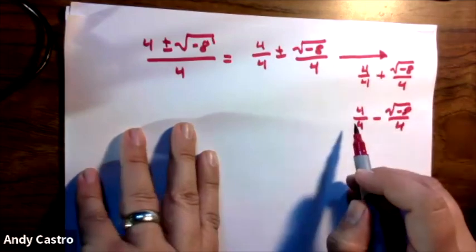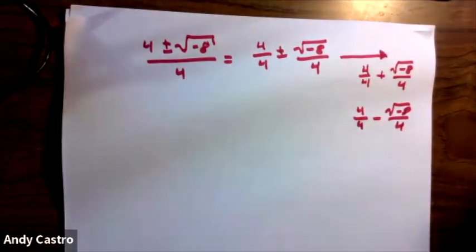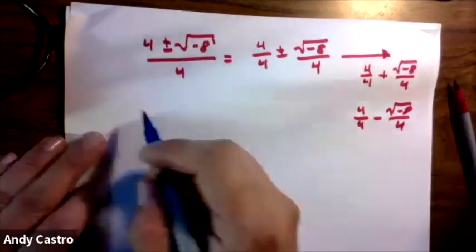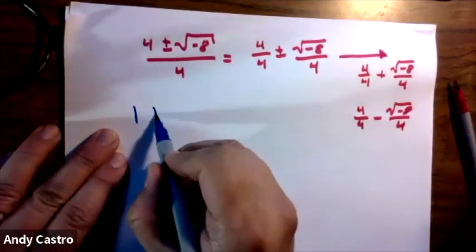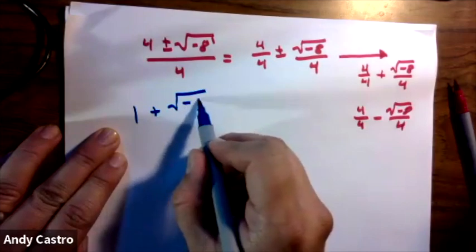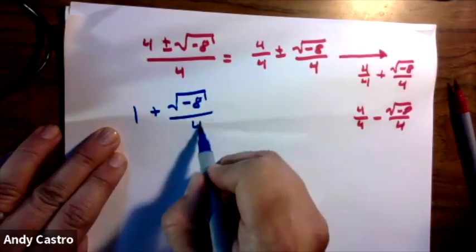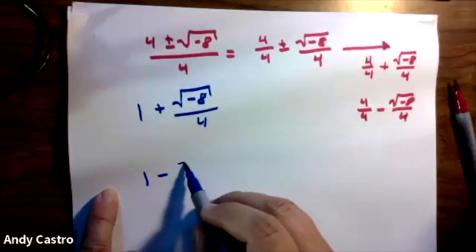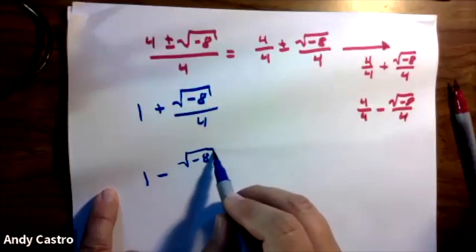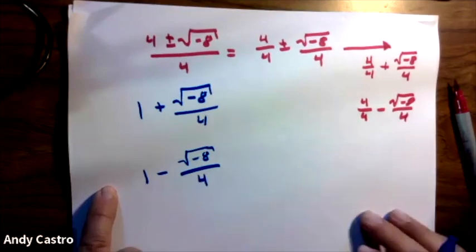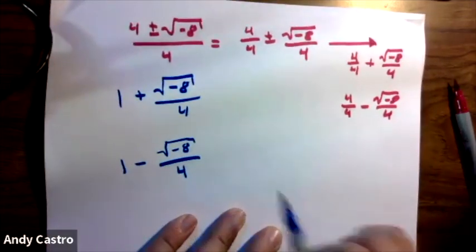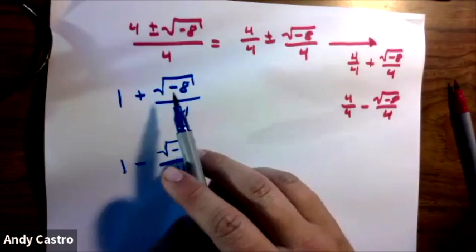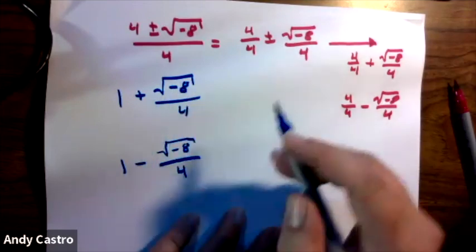4 over 4 is just 1. So what I want to do now is I'm just going to rewrite this. So 1 plus square root of -8 over 4. And then here, 1 minus square root of -8 over 4. Okay. So here, notice how I have a negative sign underneath the radical.